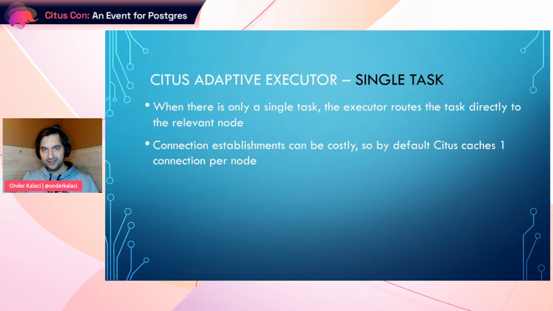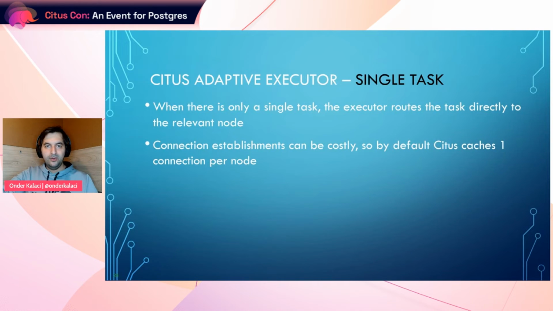On top of that, the adaptive executor can also adapt to network latencies and the task execution times, depending on many different parameters. In general, connection establishment can be costly in Postgres.